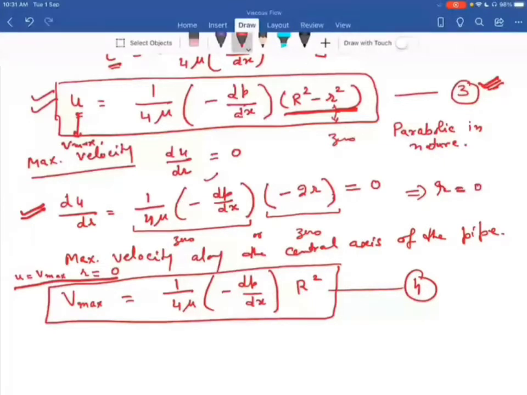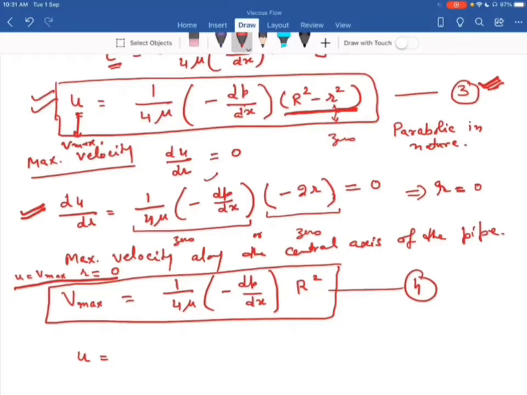Now, if you see equation number 3 and equation number 4 again, I can write u again in another form. You can see 1 upon 4 mu, minus of dp by dx, into capital R square, this becomes Vmax as in equation number 4. So I can write equation 3 again as Vmax into 1 minus small r upon capital R, whole square.